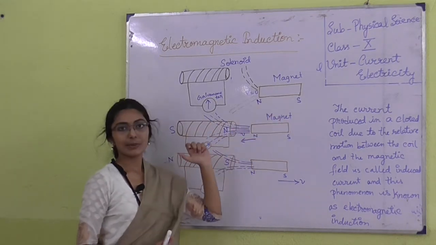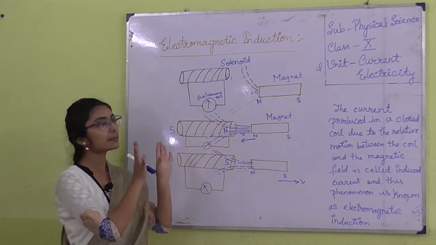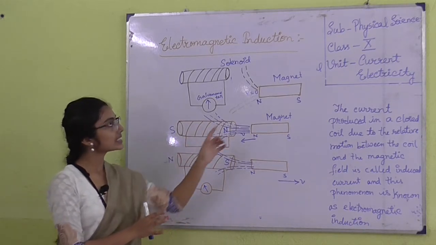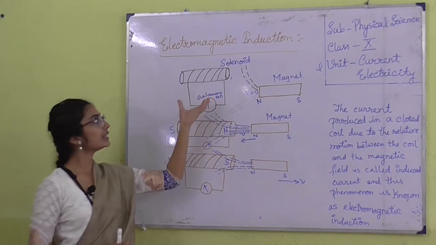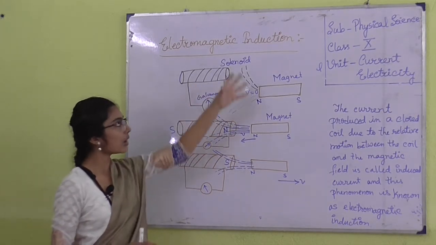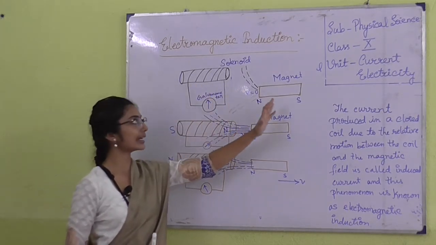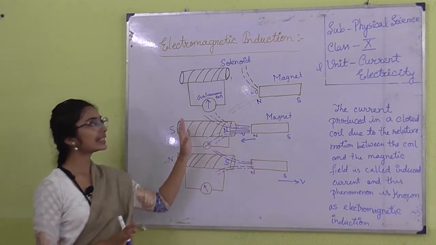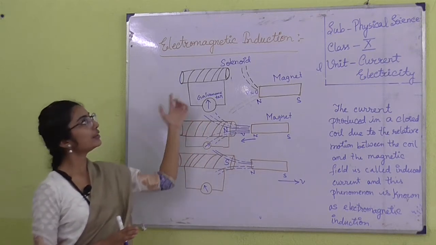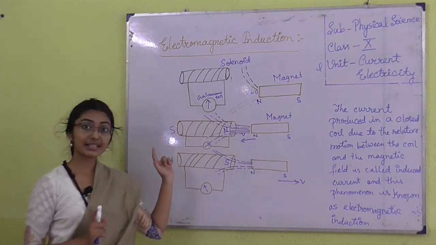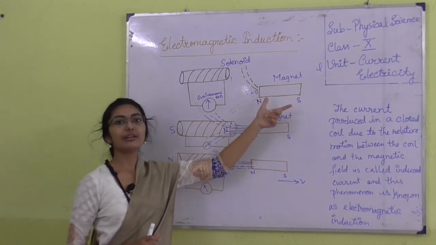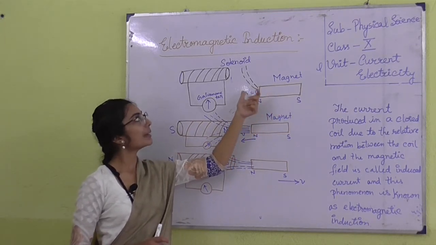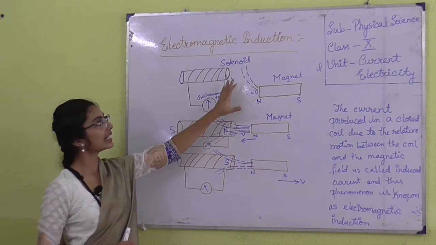Here a permanent magnet is placed, with north pole and south pole, and at first there is no motion between the solenoid, or electrical circuit, and this magnet.